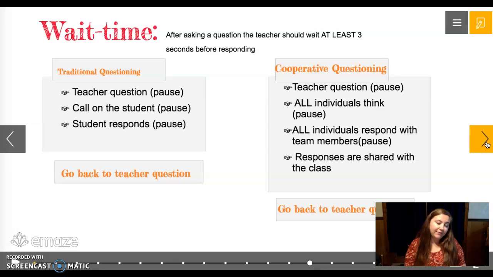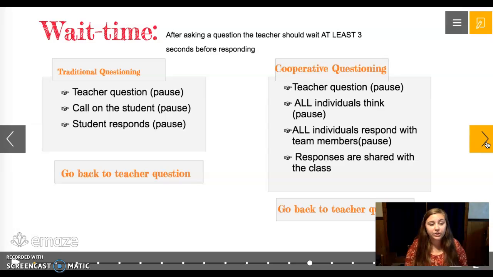Your student that may have taken a little bit longer is going to probably miss out, because they're going to be more intimidated to put their voice out there, since they haven't even been able to gather their thoughts from the very first question that was asked. So that is one reason it's really important to wait at least 3 seconds, definitely longer if you're asking an essential question.